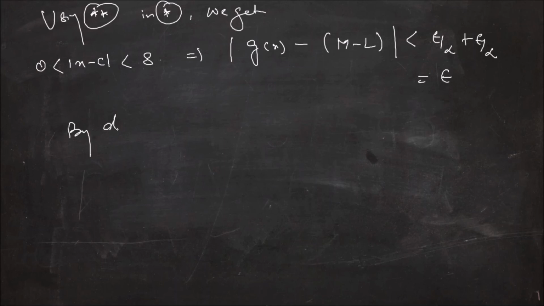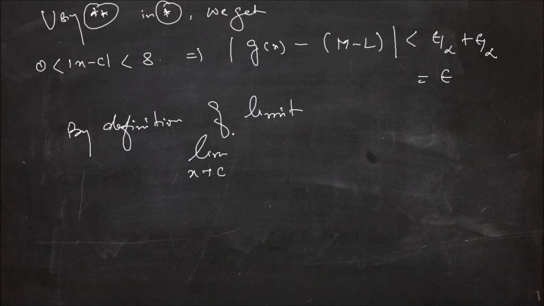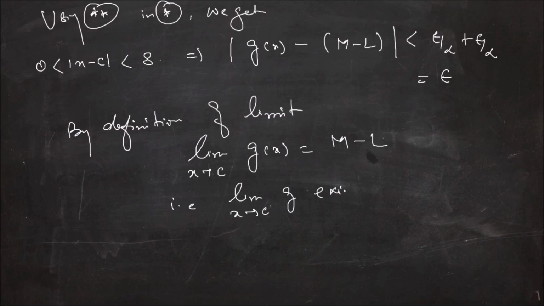So by definition of limit, as x tends to c, g(x) is equal to m minus L, and that is, limit x tends to c of g exists. Hence the result. So we have proved the first part.